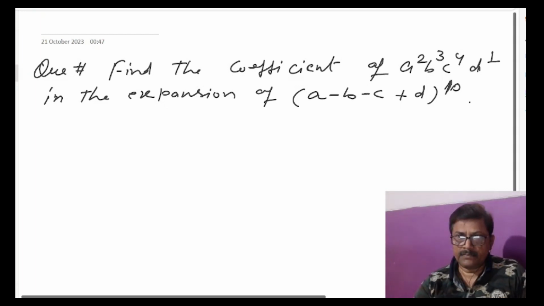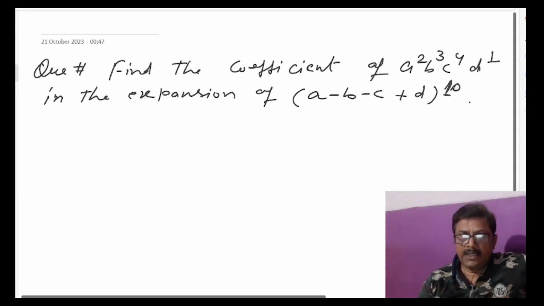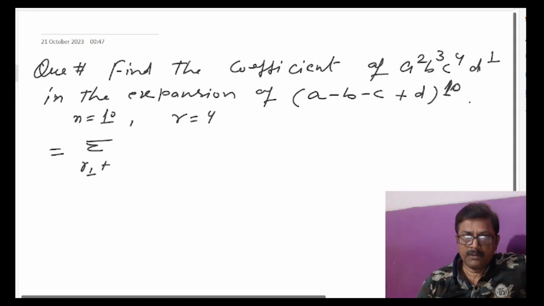Now you can see in this question n is 10, and the terms inside the bracket are 4, so r is 4. Correct. Now apply the multinomial theorem. So sigma, there will be 4 parameters, r1 plus r2 plus r3 plus r4 equal to n. N is 10. Okay.